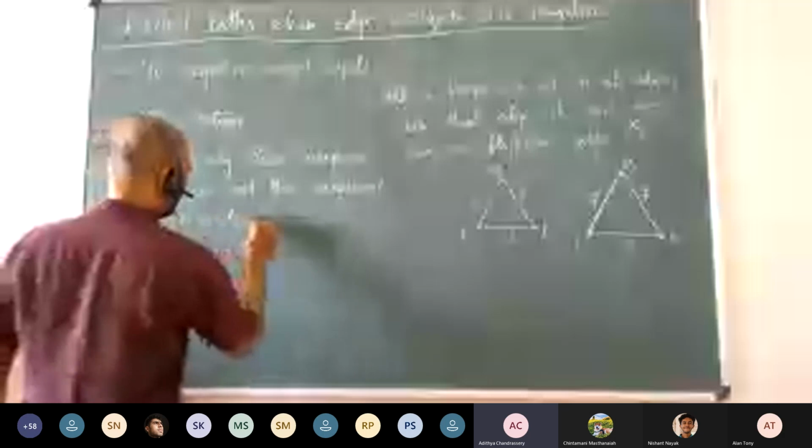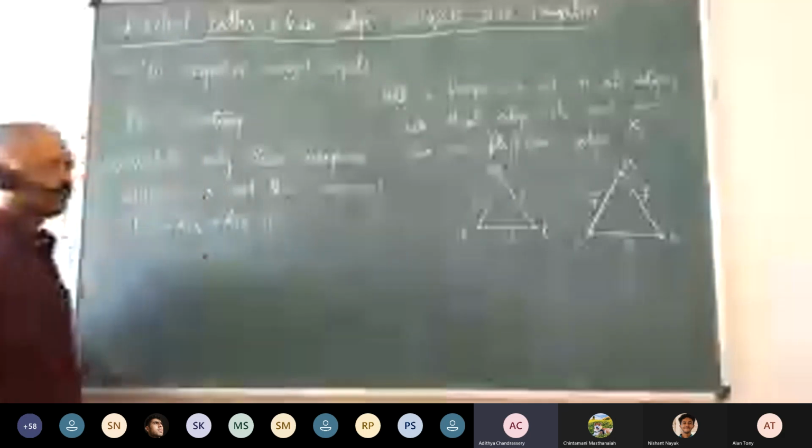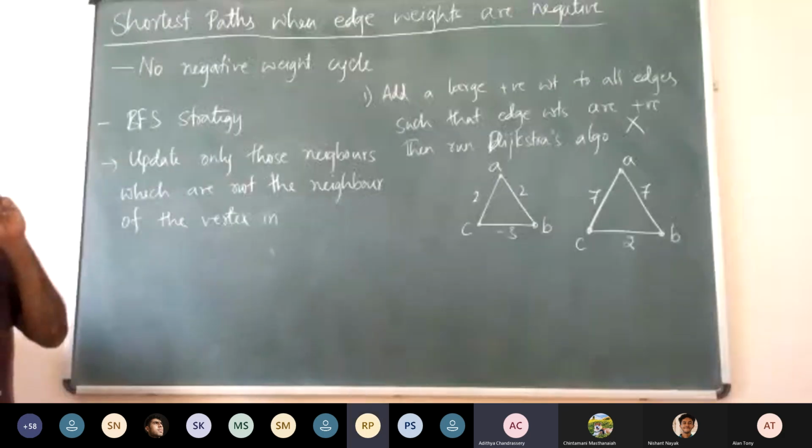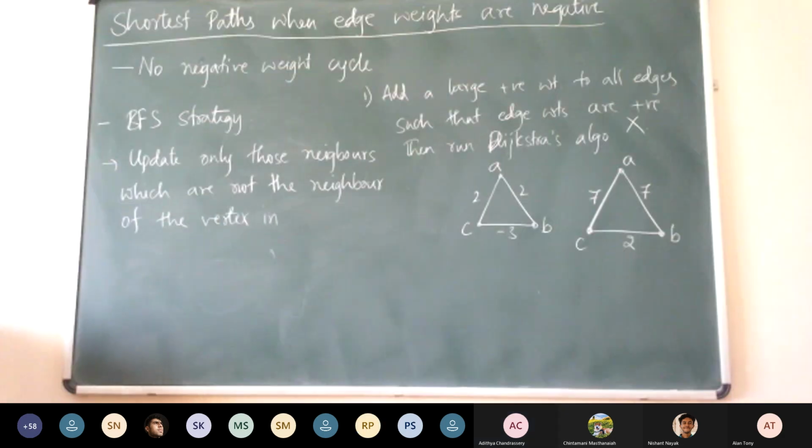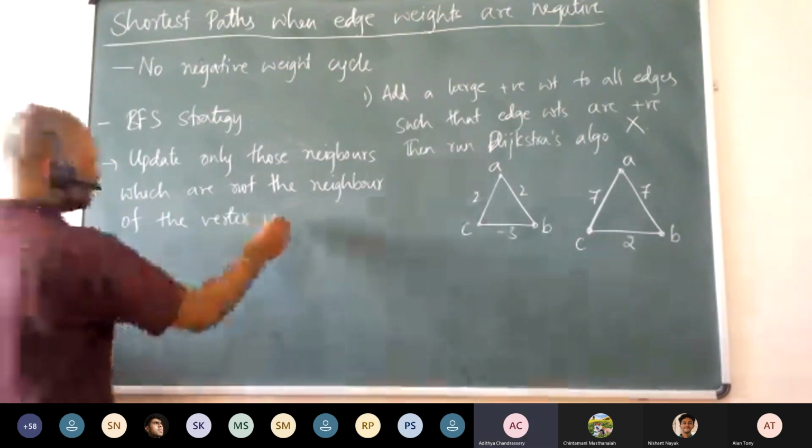Not neighbor, sir. Like the previous updating vertex, the one because of which it's in the queue. That will be in the shortest path, right? Neighbor of the vertex in the shortest path.